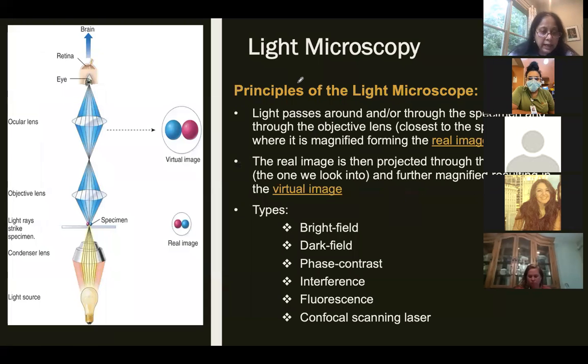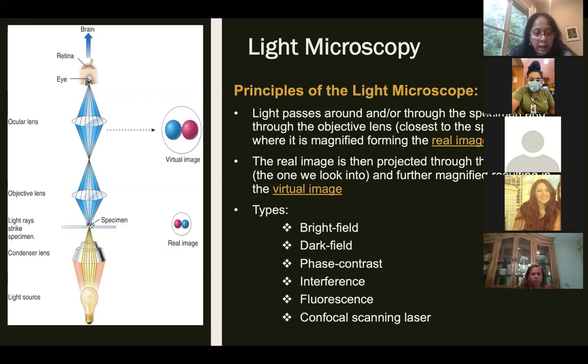If you see over here, that's the light source. This is the condenser. You can see the condenser is a really big and thick lens. So it collects all the light and makes a cone of light. This is the apex that actually illuminates the specimen.